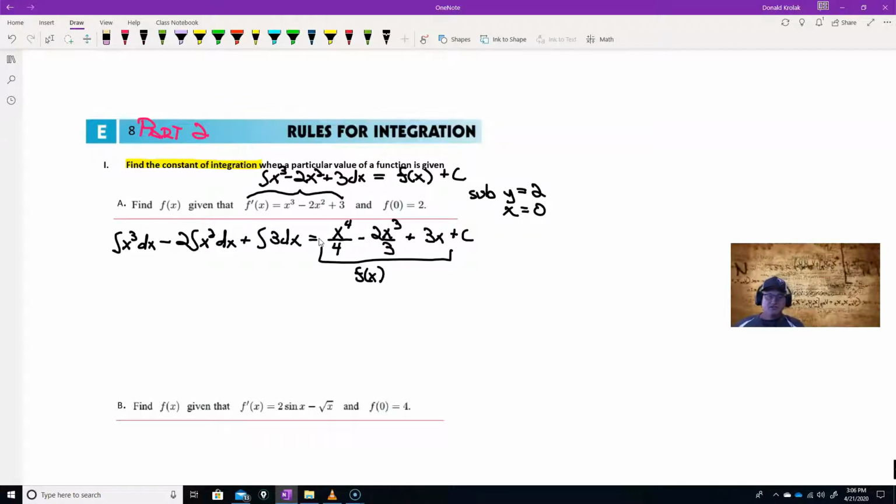Okay, I'm going to substitute now. I'm going to set this whole thing equal to 2, and then I'm going to put 0 in for the x. All right, so that's going to look like this. This whole thing's going to equal 2. And then wherever I have an x, I'm going to substitute in a 0.